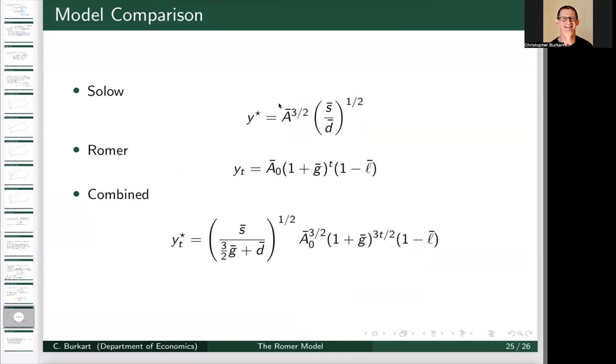And then we've got the complete combined model. Now, I'm not going to expect you to do a whole lot with the combined model algebraically. I know it's kind of a bear of an expression to work with. But I do want you to understand the behavior, understand how we expect economies to evolve when we allow for growth in ideas and growth in capital.